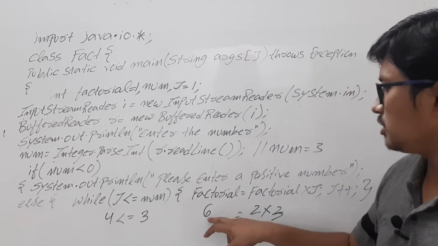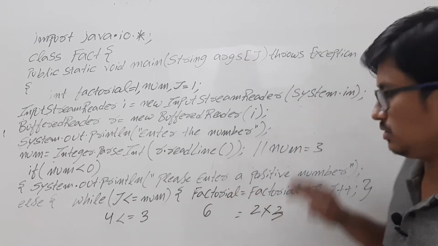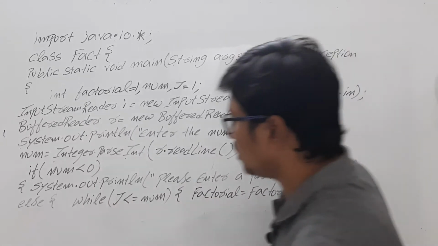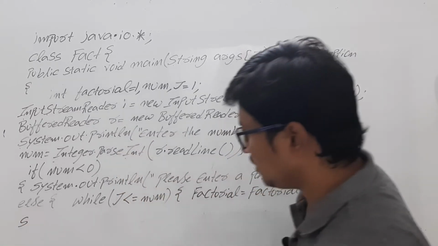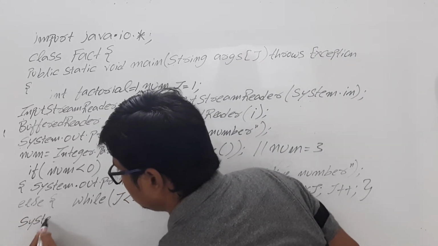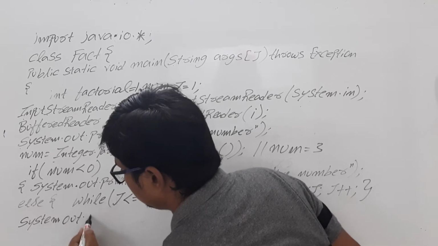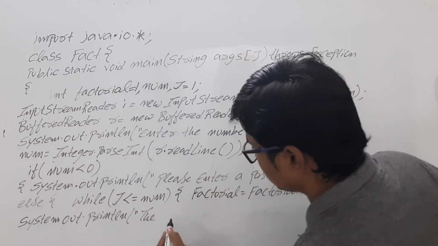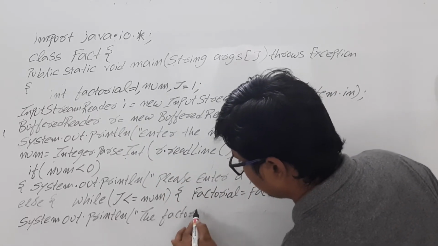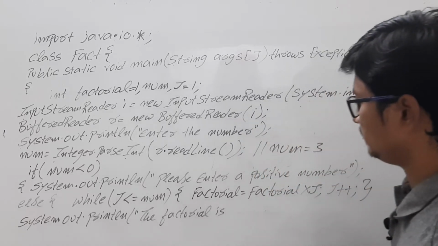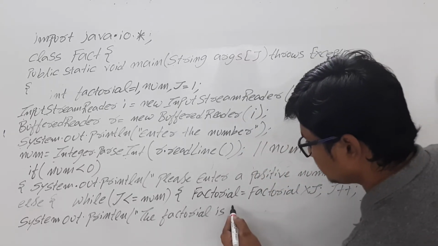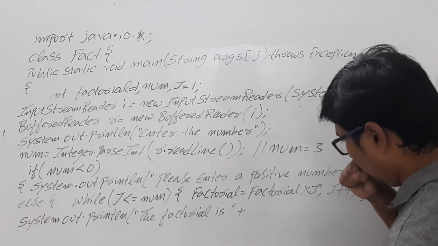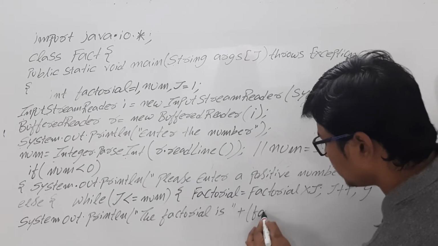Now here, what do I want to display? I want to display the factorial. So I can write here, in the else only, system.out.println, the factorial is, okay, I will write plus factorial.